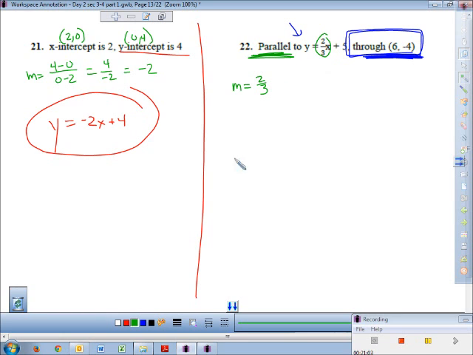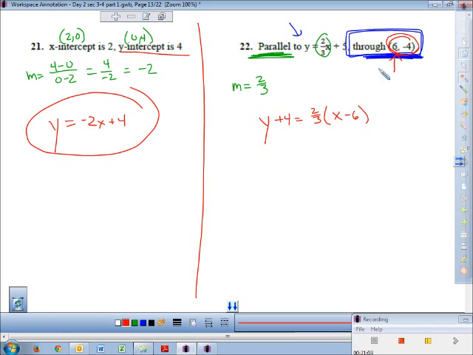Parallel means same slope. So now, I can't just go straight to slope-intercept form because this guy right here is not the y-intercept. How do I know it's not the y-intercept? The x value is not 0. So y minus a minus 4. I need to use point slope form. I have a point, I have a slope.